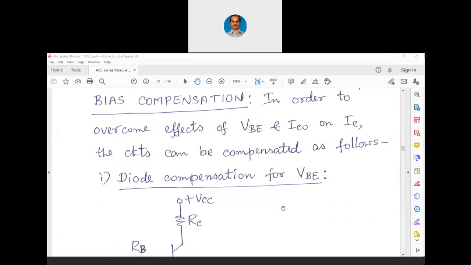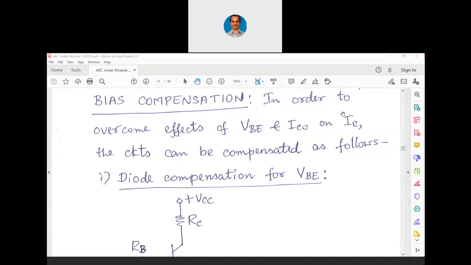Now let us see a method called bias compensation. There are some methods. These methods are discussed in Millman and Hucky's textbook. There were some good points there, so we thought let us keep them in the syllabus so that there will be more clarity in understanding about how a circuit can be made better.